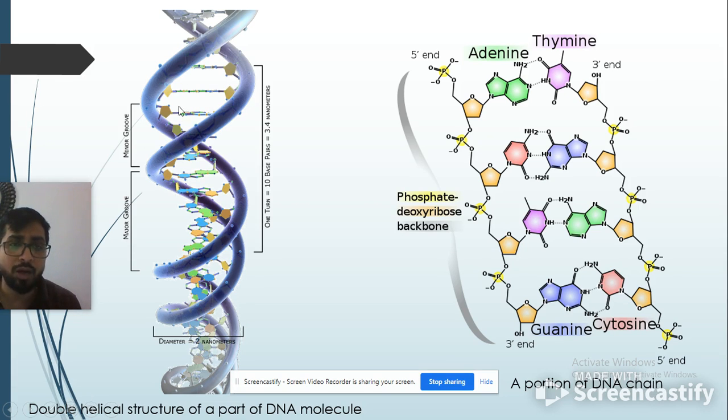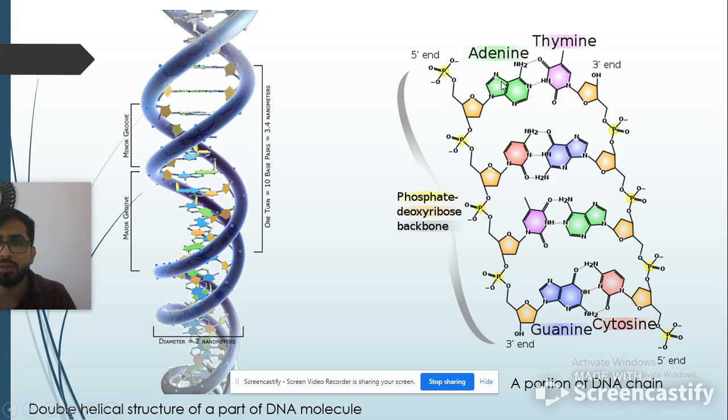Now, how are these bases bonded with each other? Here you can see one portion. This is the 5' end and this is the 3' end of one strand. This is the 3' end of another strand and the 5' end of the other strand. So here we can see the bases that are connected to each other alternately.